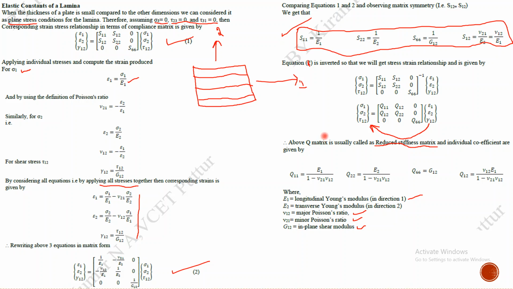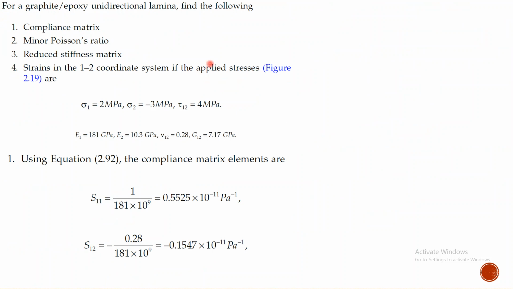Okay, by considering this, let us go through one problem. For a graphite epoxy unidirectional lamina, find the following. First, the compliance matrix I should calculate. Second, the minor Poisson's ratio, the reduced stiffness matrix, as well as the strains in the 1-2 coordinate system, if the applied stresses are sigma 1 equal to 2 megapascal, sigma 2 equal to minus 3 megapascal, tau 12 equal to 4 megapascal.